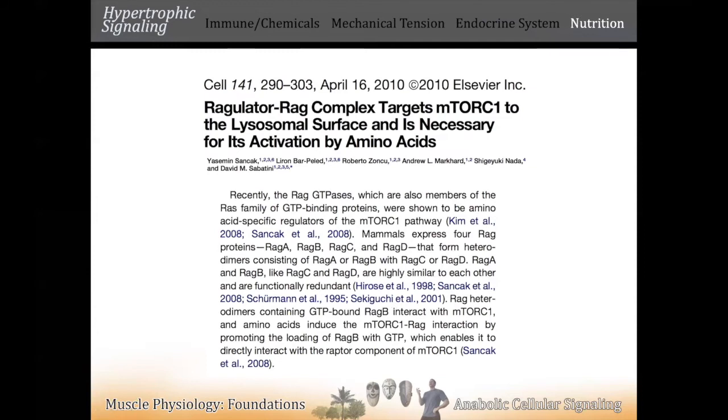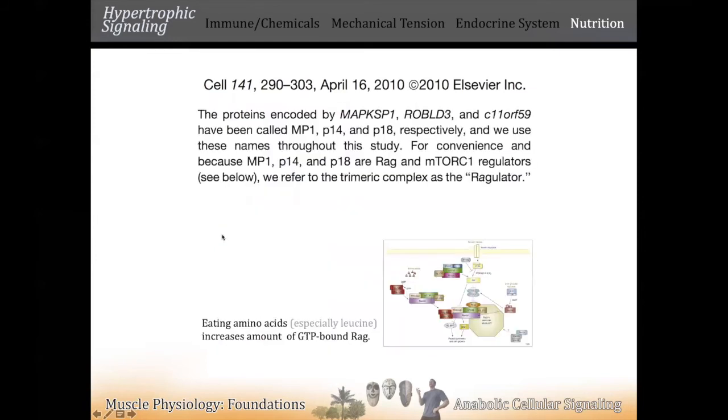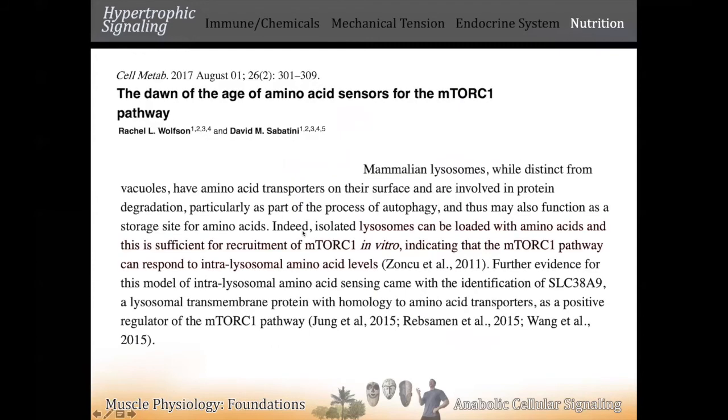And this is just saying, when you see regulator all over the place, like, what the hell is regulator? Here's, as far as I'm aware, David Sabatini. This is a huge researcher in the field. The coinage of regulator. We refer to this complex as regulator, and regulatory roles. You don't really need to know about that, but you do need to know about RAGs.